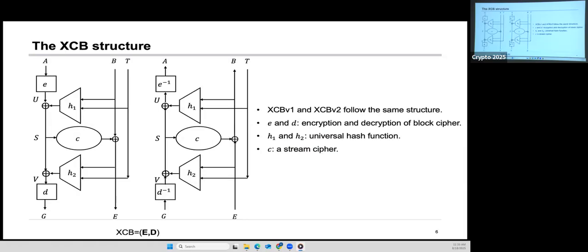Both XCB v1 and XCB v2 follow a hash-CTR-hash structure, shown in this map, where H1 and H2 are two universal hash functions, and C is a stream cipher in CTR mode.